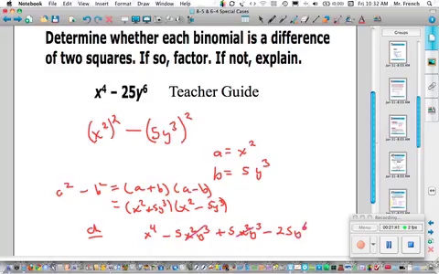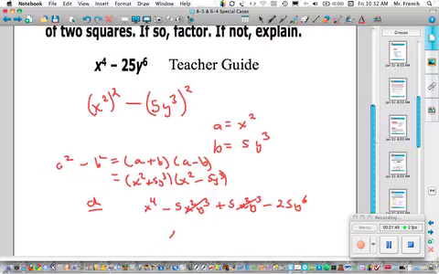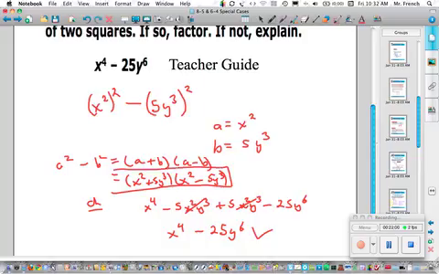These two here subtract out, and I'm left with x to the fourth minus 25y to the sixth. Is that what I originally started with up here? Yes. Okay, so it checks, and that tells me that this right here is my answer.